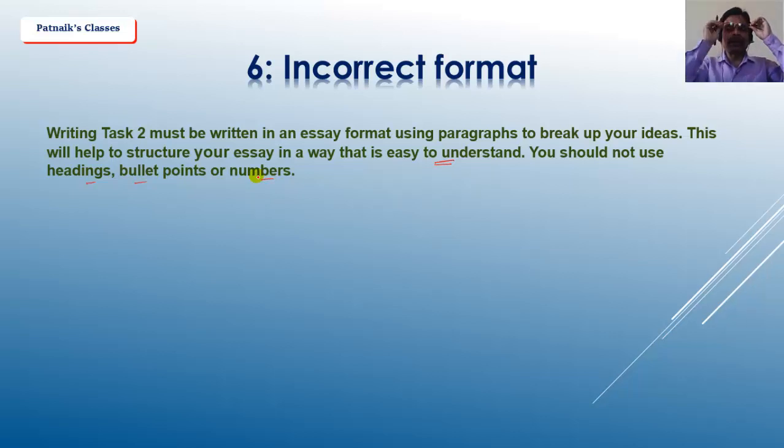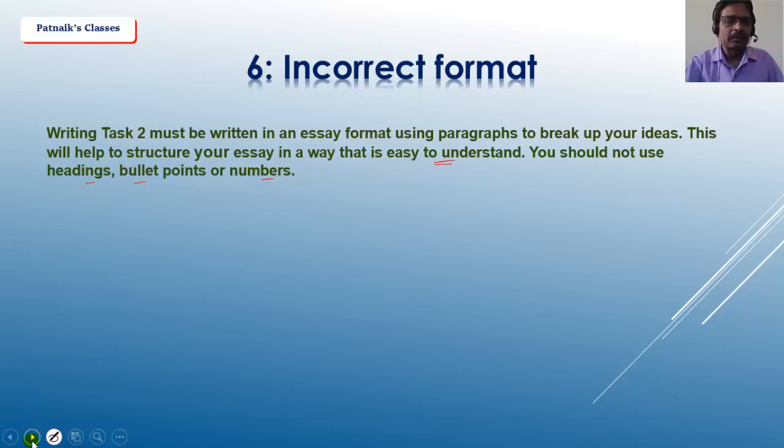While writing an essay, try to avoid headings, bullet points, and numbers in your writing. Whatever you want to write, you should write in paragraph format. So that is why paragraphing format is most important in writing task 2 and even writing task 1 also. So always remember, try to avoid incorrect format.